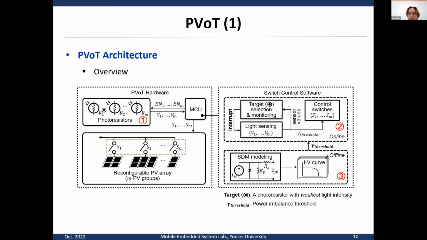And the second part is the event-driven light change detection. PVoT detects irregular light changes in an event-driven manner by working with the hardware components in the photoresistor block. The last part is modeling the power imbalance threshold. We define a model of power imbalance threshold, which determines the modules to be disconnected.